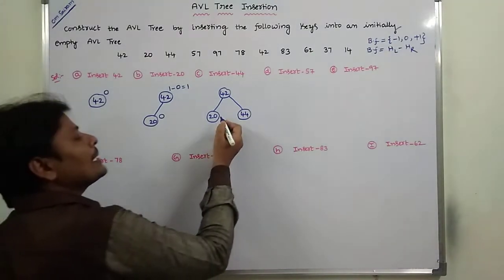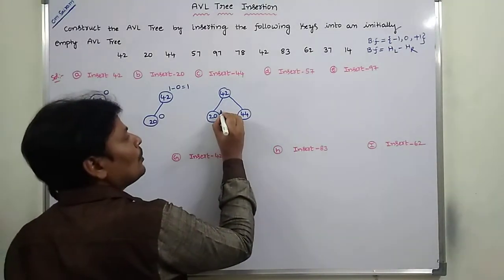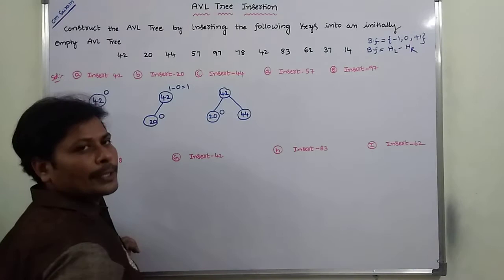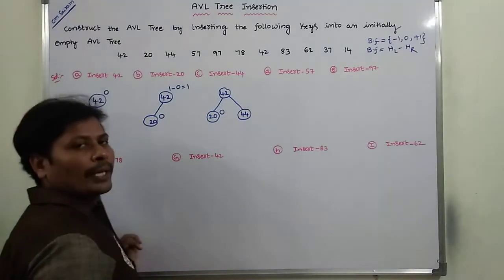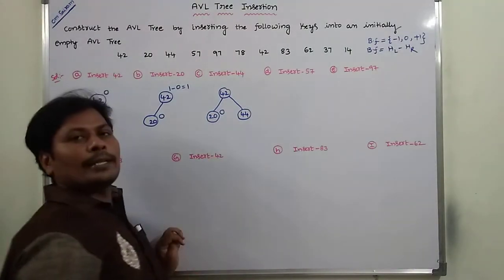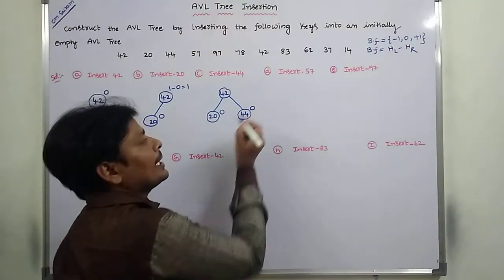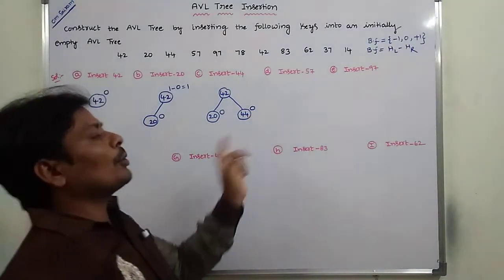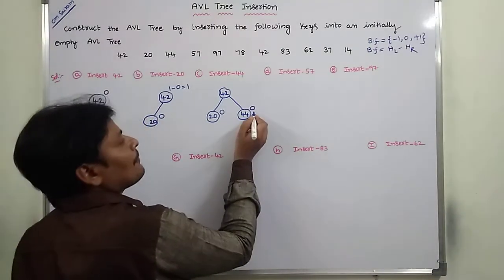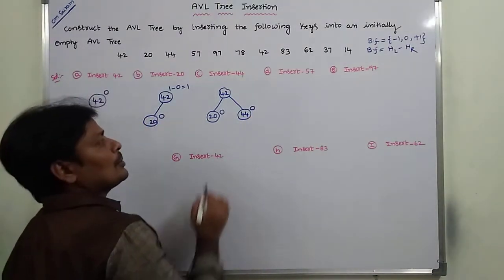Okay. Now the balance factor. Node 20 has no left subtree and no right subtree, so height of left subtree is 0, height of right subtree is 0, 0 minus 0 is 0. In the same way, 44 has no left subtree and no right subtree, so balance factor 0 minus 0 is equal to 0.